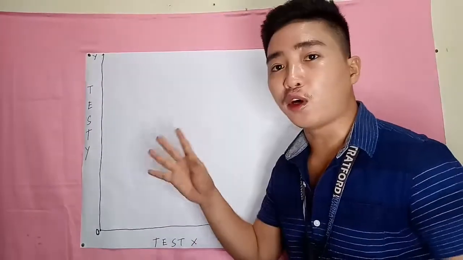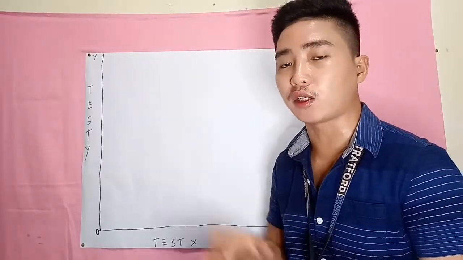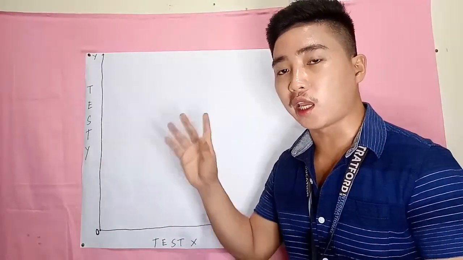So in the scores of 16 teacher education students, the lowest score is 68 and the highest score is 98. So let us start counting with 68 up to 98.